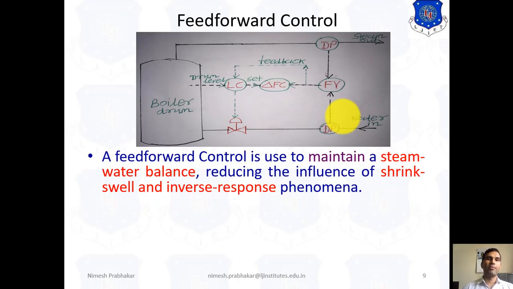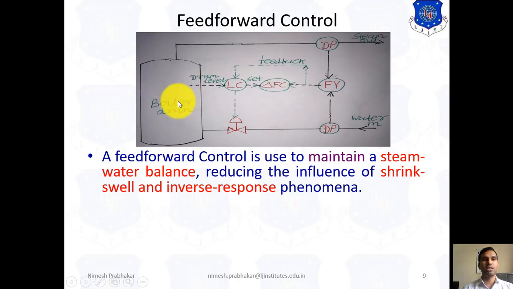A feed forward control is used to maintain the steam and water level, reducing the influence of shrink, swell and inverse response phenomena. That means to maintain the steam and water balance. This is the outlet steam, and this is the water level inside.